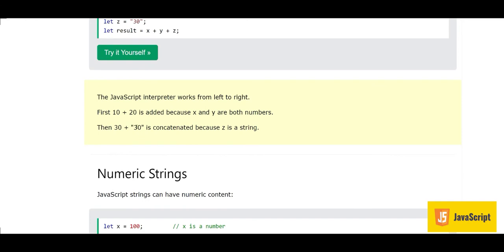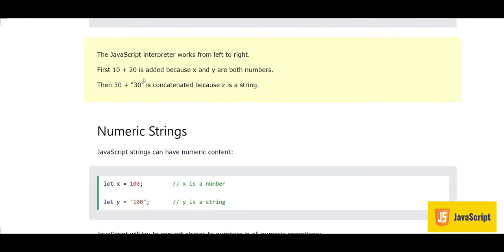The reason behind the above answers is that the JavaScript interpreter works from left to right. Remember, this is a very important concept.